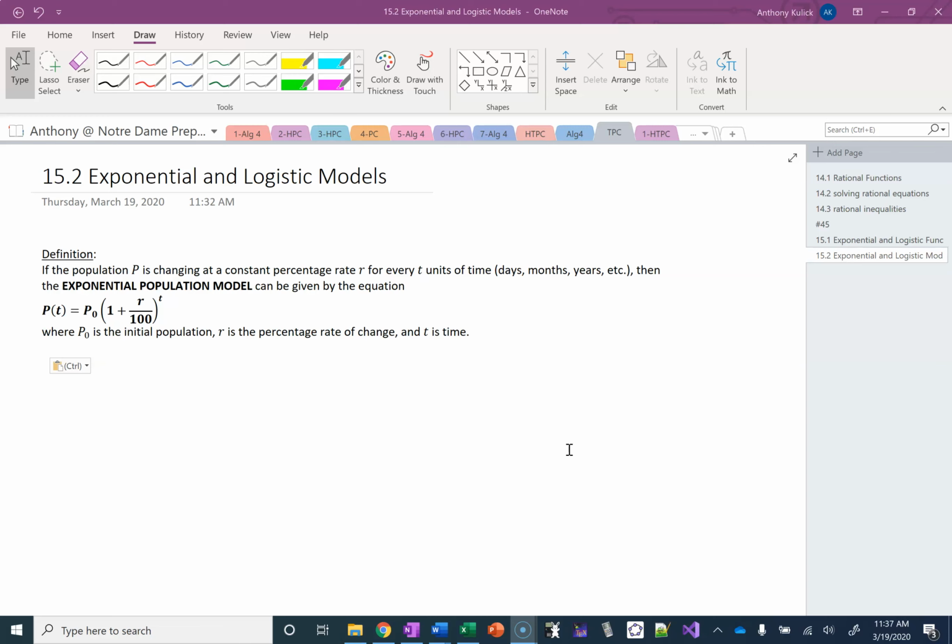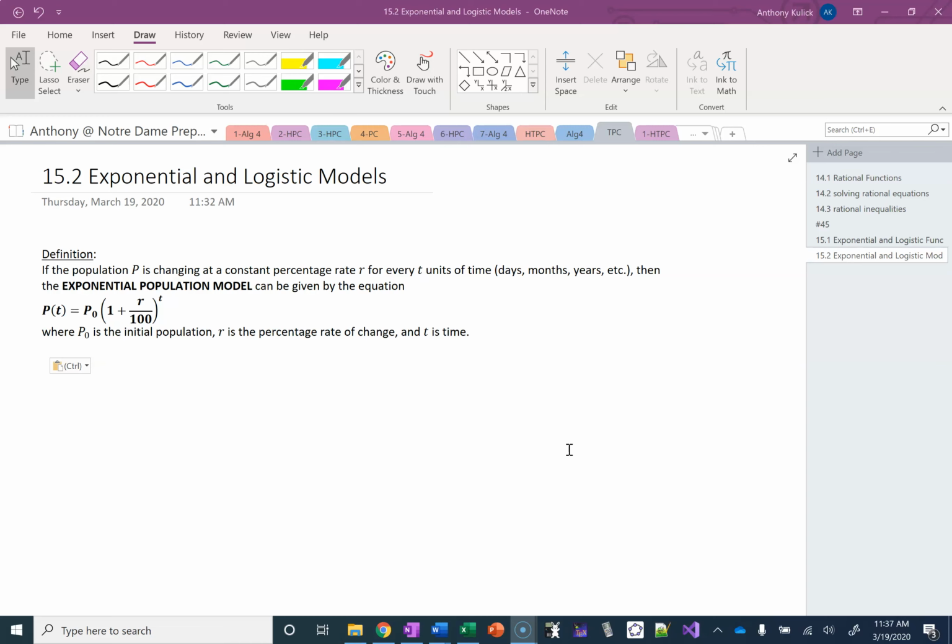R is written straight as a percentage, and it would be positive if things are increasing and negative if things are decreasing. That helps indicate whether we're doing growth or decay. And then t is just our unit of time. That time could be days or months or years, but usually it's some fixed amount of time. A lot of times it would be years.